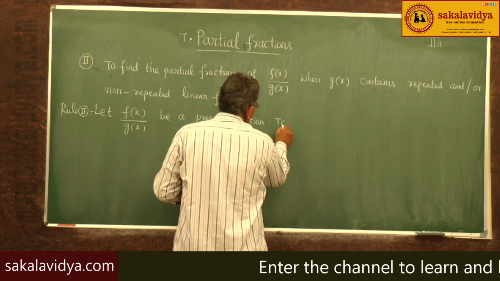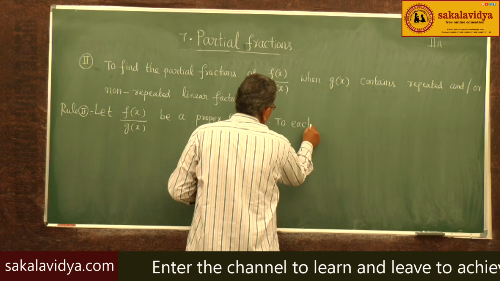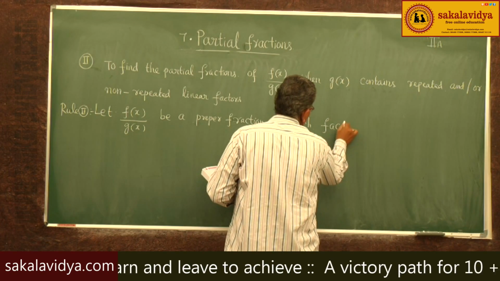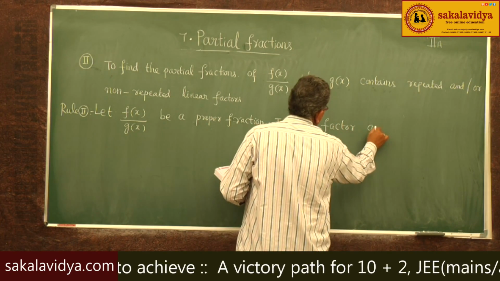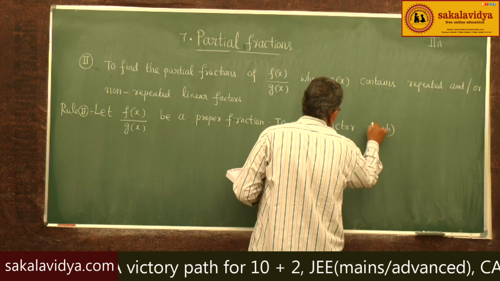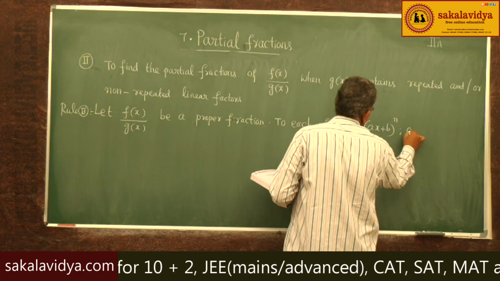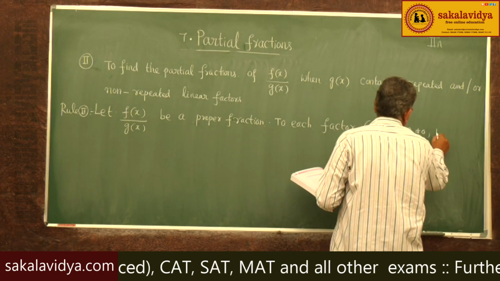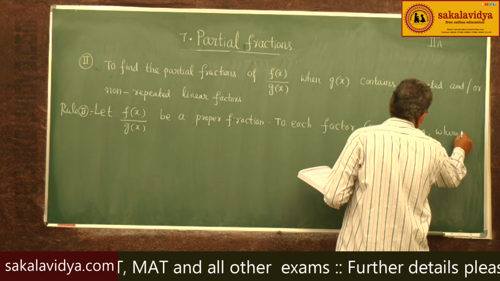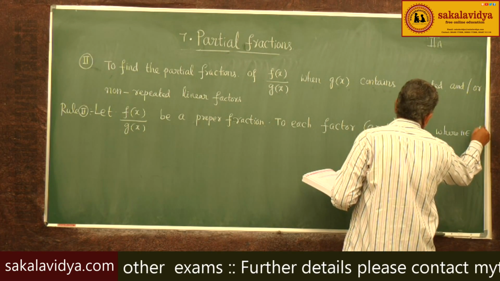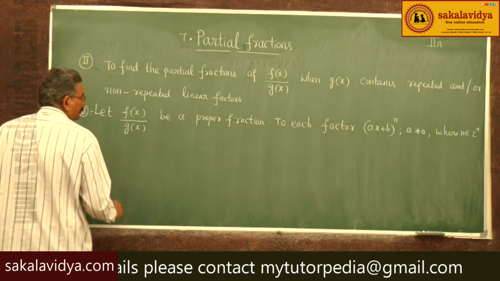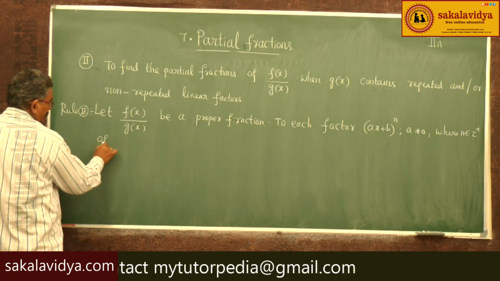Corresponding to each factor (ax plus b) whole to the power of n, a does not equal 0, where n belongs to positive integers, Z plus, of g of x.